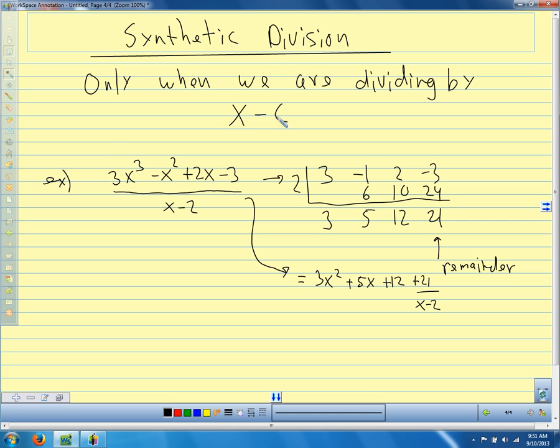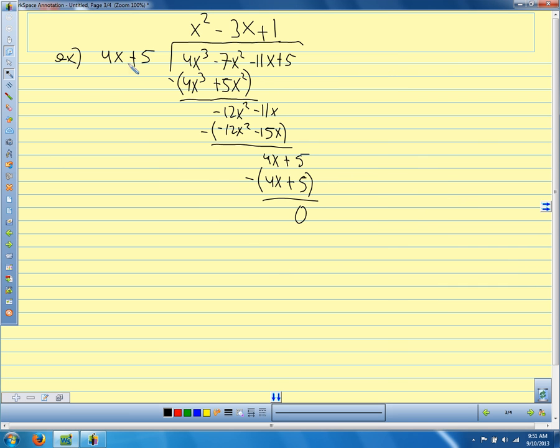Could you use it in the form of using the last question if you just multiplied or divided all of the numbers on the top? 3, negative 1, 2, negative 3. You just multiply the denominator accordingly. So let's see. You're asking if we wrote this in the form x, and then you divided 4, negative 7, negative 11, and 5 by 4.